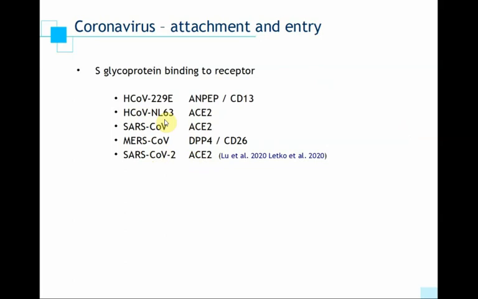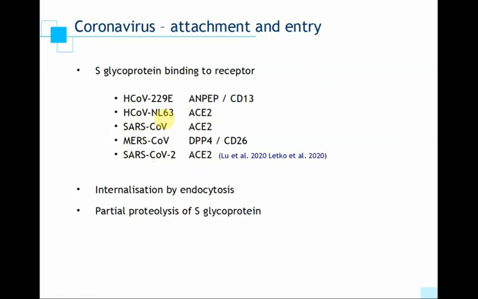It's not just the receptor use that makes the virus so dangerous. Okay, the virus is bound. What happens next is it seems to be internalized by endocytosis, and then the spike glycoprotein has got to be partially degraded by proteases. This will activate the fusion domain of the spike glycoprotein, which allows the genome to get into the cytosol.